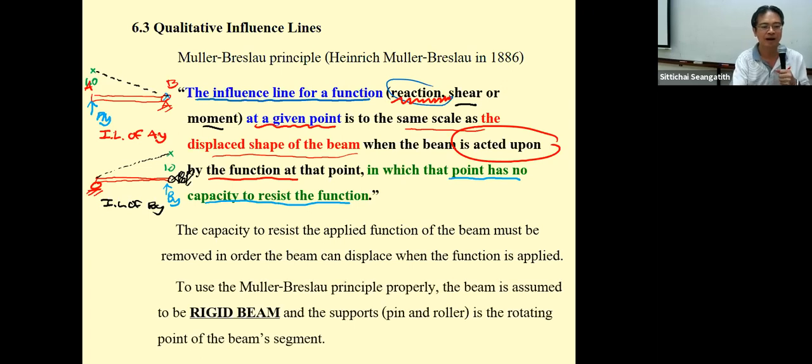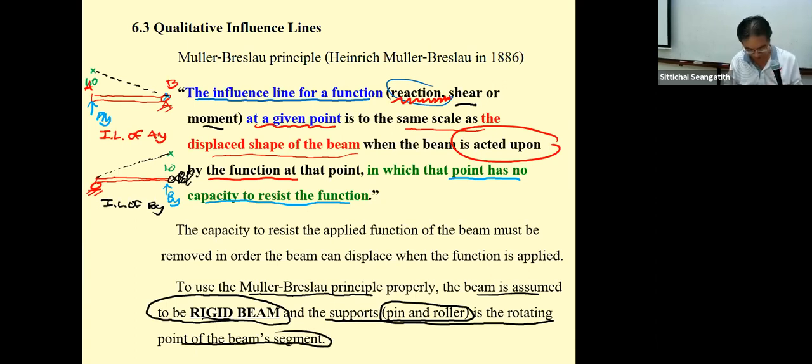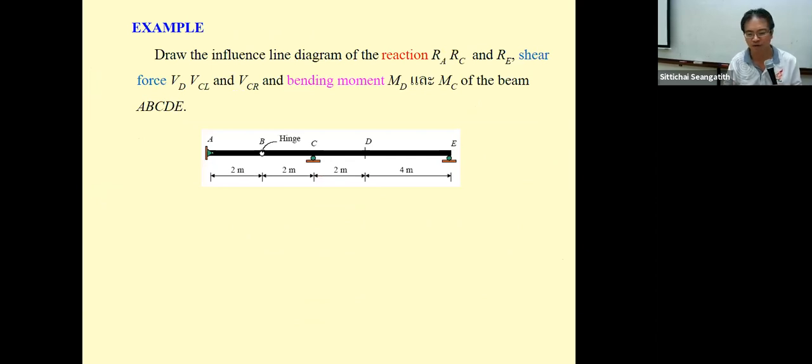Using the Muller-Breslau principle, the beam is assumed to be a rigid beam for this kind of statically determinate structure, and the support that is a roller is going to rotate. It's going to be the rotating point of the beam segment. And then we have a lot of examples that we are supposed to check.